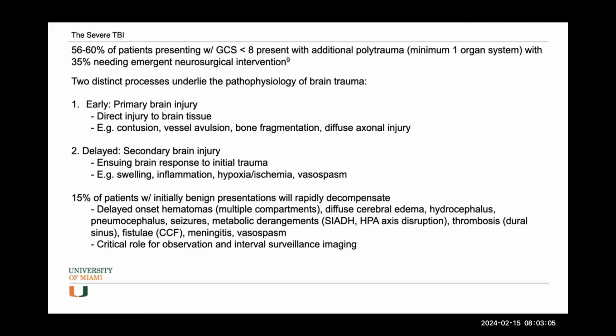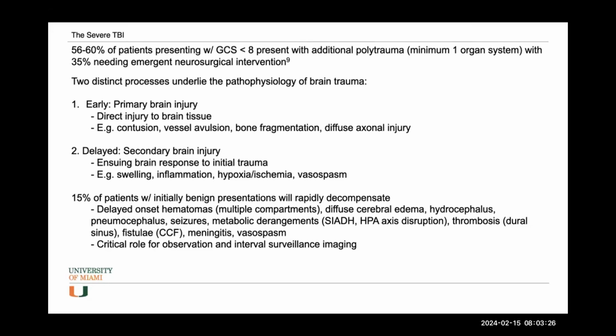But the secondary brain injury is something I wanted to cover today because that's the ensuing brain response to initial trauma. And it mimics a lot of other neuroinflammatory processes that are associated with neurological diseases that happen de novo. So 15% of patients who initially present with a benign presentation will rapidly decompensate.